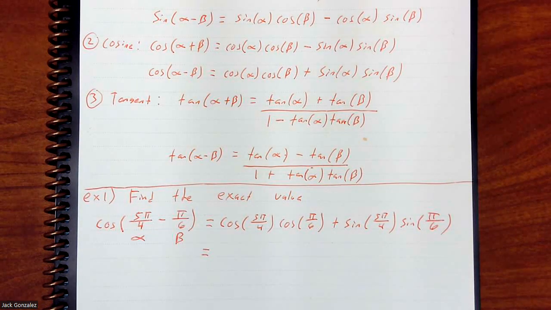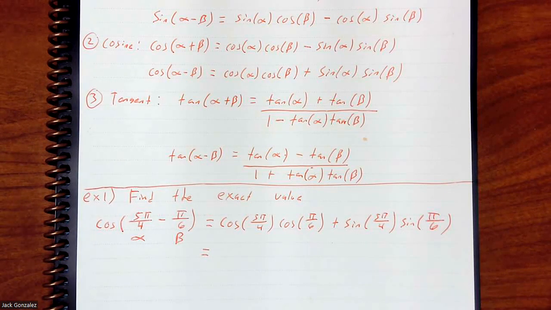I don't remember. 5 pi over 4 would be here, like it's 225 degrees somewhere on there.